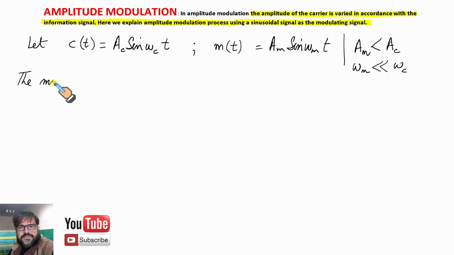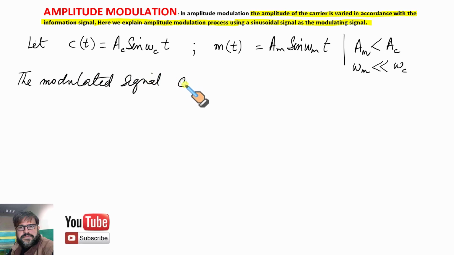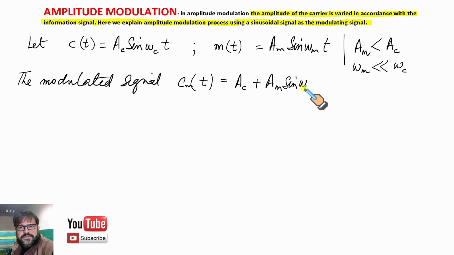Now the modulated signal is written as cm(t). The modulated signal will be written as AC, amplitude of carrier, plus AM sin(omega M t). This is not maths, this is physics.